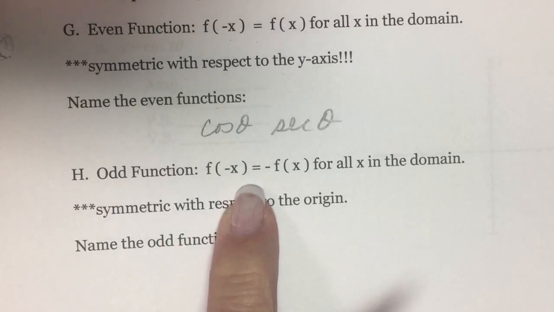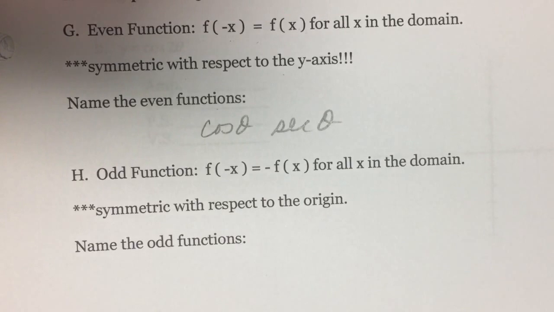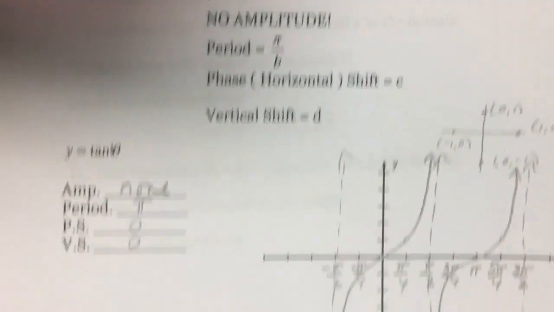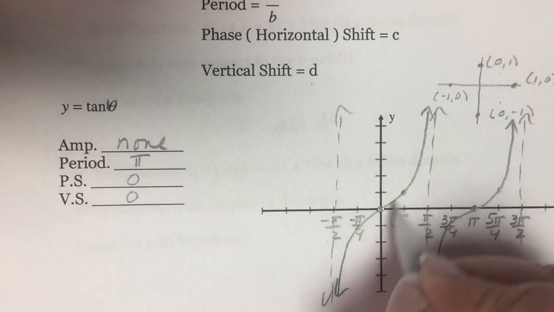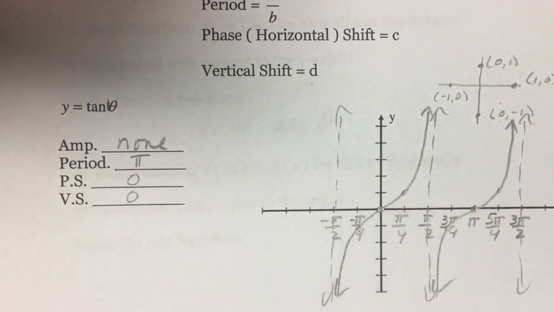Odd functions, f of negative x equals negative f of x, symmetric with respect to the origin. So for example, if I graph my tangent one, this is an odd function, and notice it's symmetric with respect to the origin.